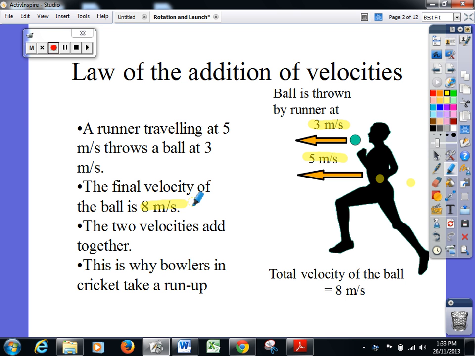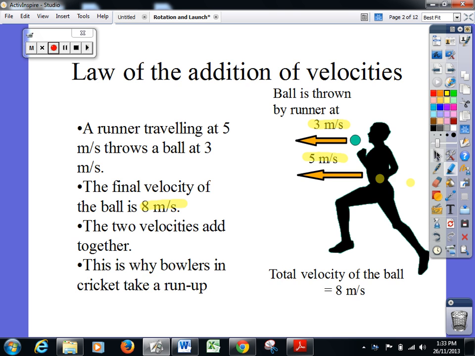So the two velocities add together, and this is one of the reasons why we take run-ups in cricket. The bowler runs firstly as fast as possible and then throws the ball forward, and therefore the addition of the ball's motion forward and the runner's motion makes the ball travel faster.